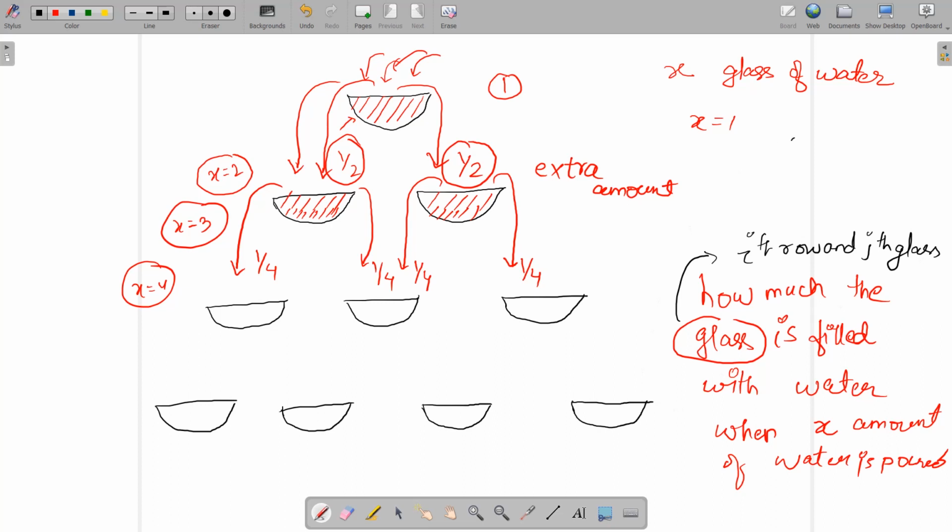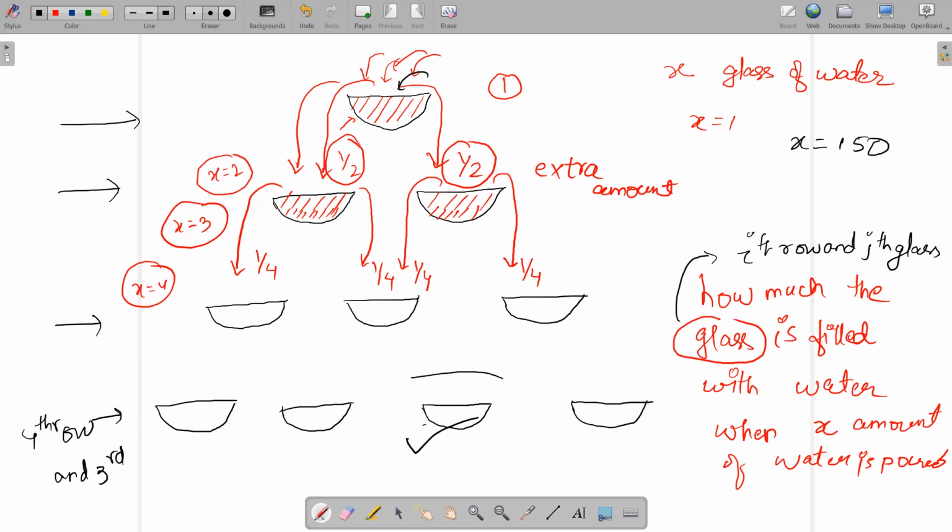Let's say we are going to pour x equal to 150 amounts of water at the top, and we need to find how much the glass is filled at the fourth row and third glass. This is the very first row, this is the second row, third row, fourth row, and the third glass is this glass. So we need to find how much water is filled in this glass.